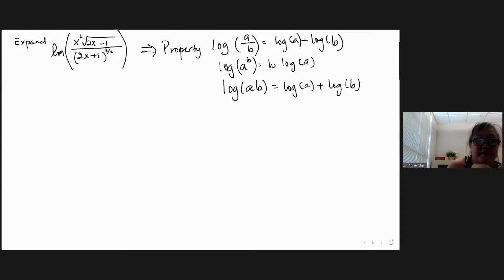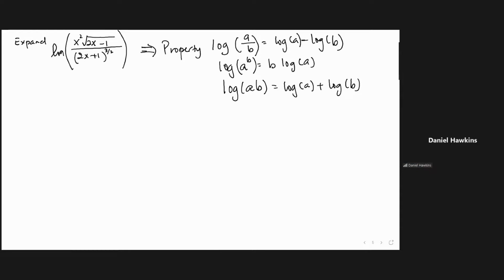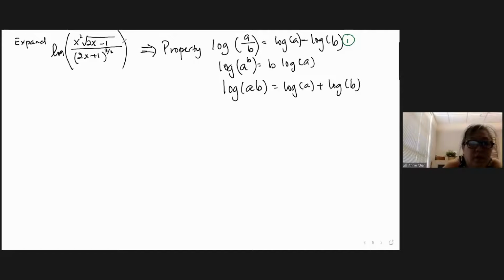Let's dance. Which property do you want to work on first? We'll do the division one. Okay, we're going to do this one first. So this whole thing here is A, and this whole thing here is B, right?